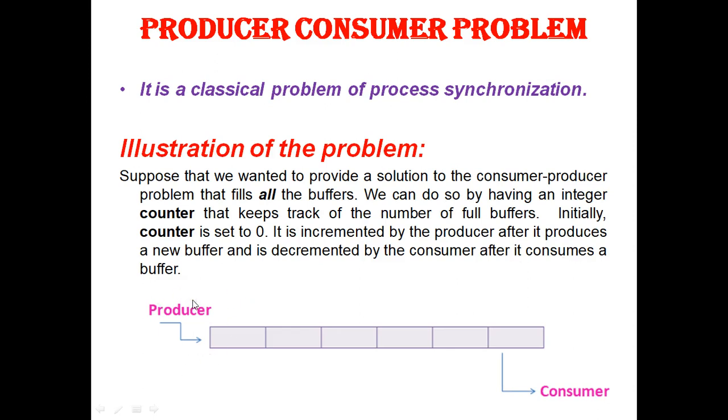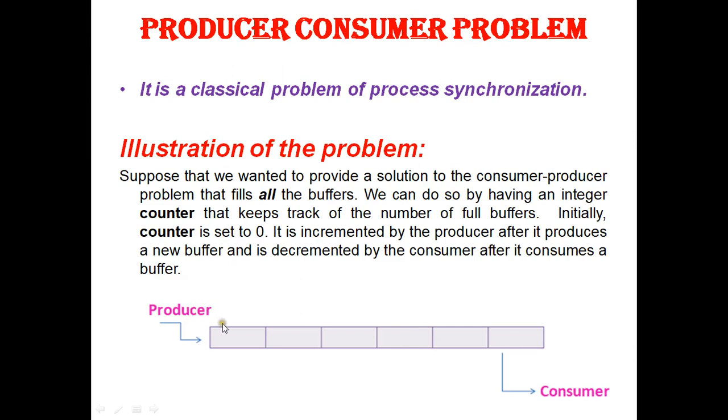Whenever the producer produces items, the items are put inside the buffer by incrementing the variable called counter. Initially the counter value is 0.